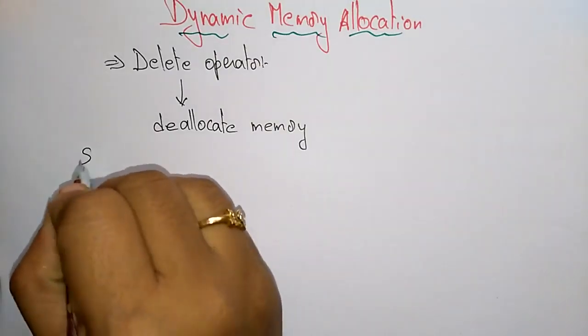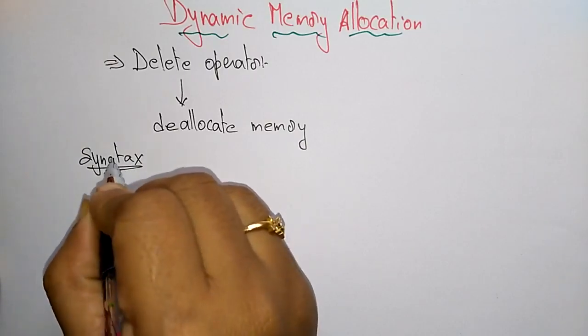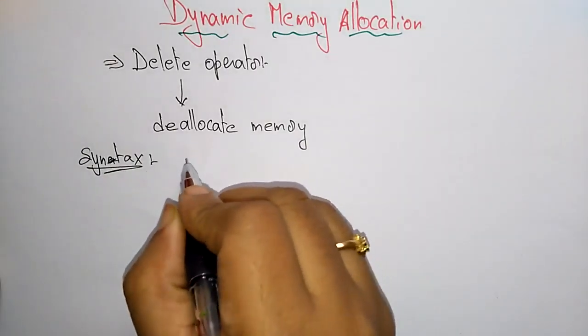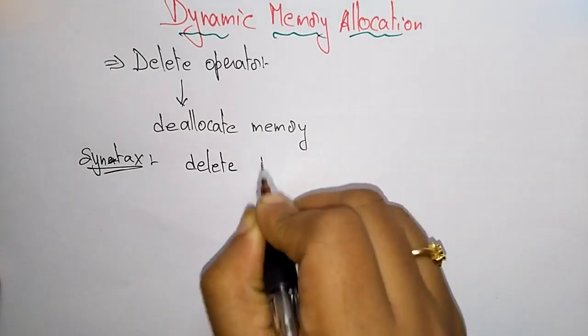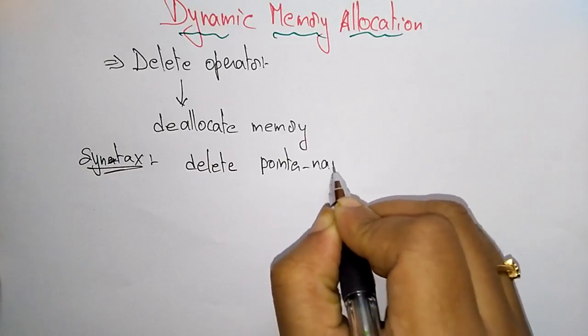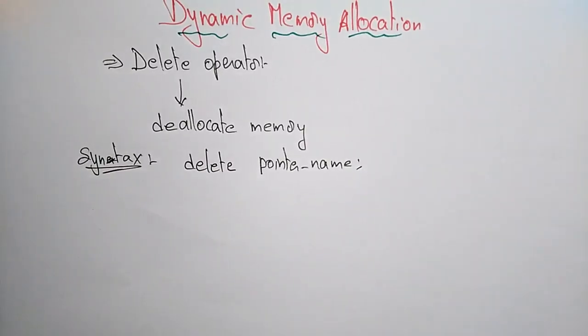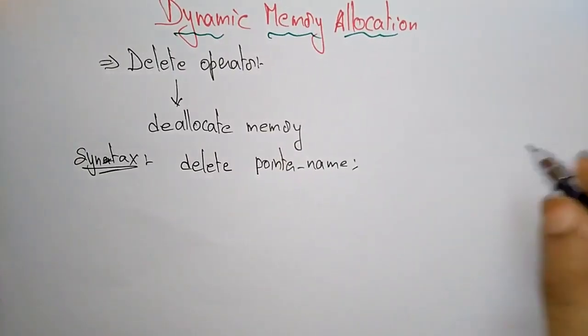The syntax for the delete operator is just delete, then the pointer name. You have to mention the pointer name because the pointer variable is allocating the space in the memory, so here we have to delete that memory space.